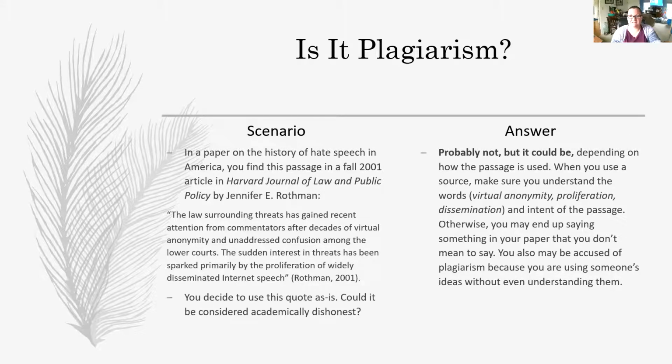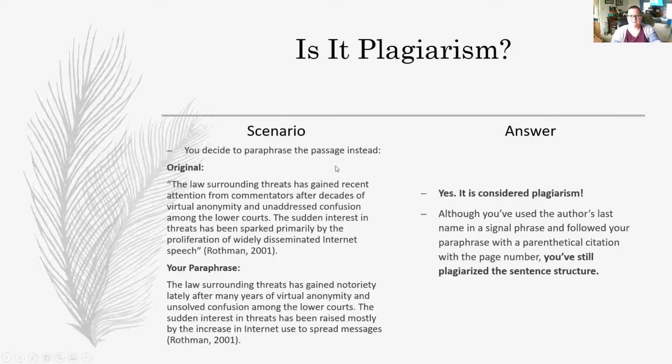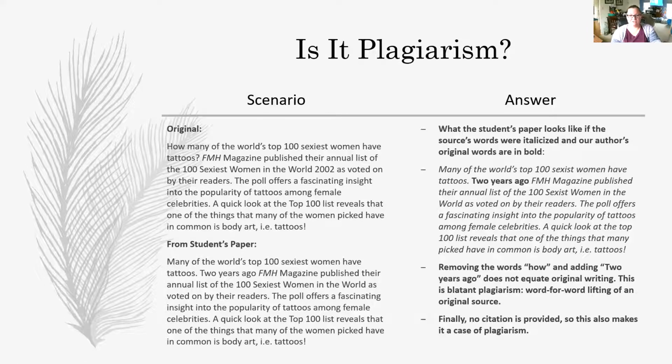Okay. So those were more about kind of academic dishonesty here. Now we're getting into perhaps some full-on plagiarism. We have this original passage over here under our scenario column.